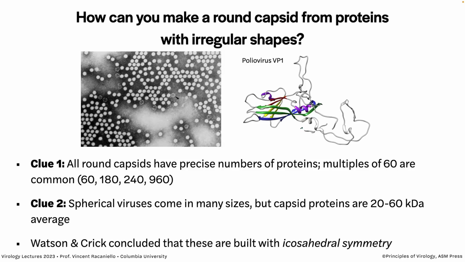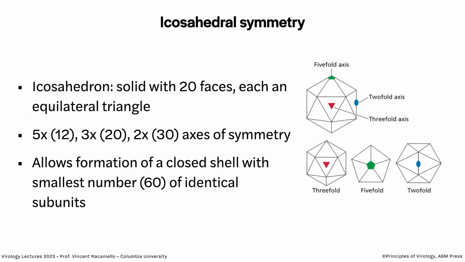And so those 2 pieces of information led Watson and Crick to conclude that spherical viruses are built with icosahedral symmetry. Icosahedral symmetry is based upon an icosahedron, which is a solid with 20 triangular faces, each of which is an equilateral triangle.